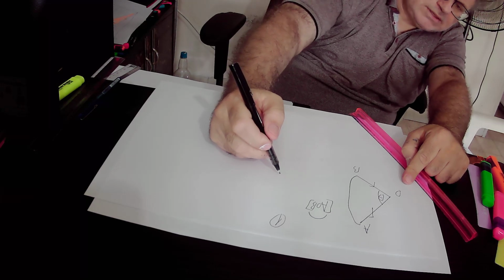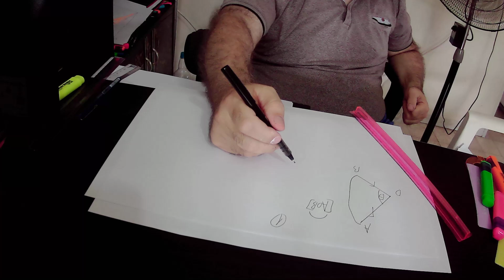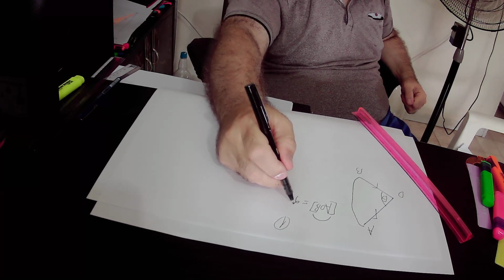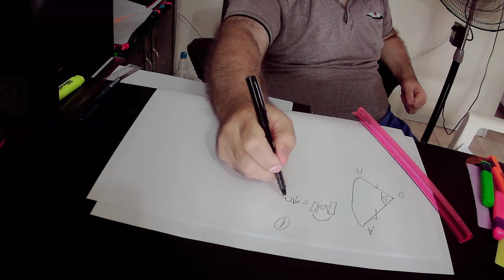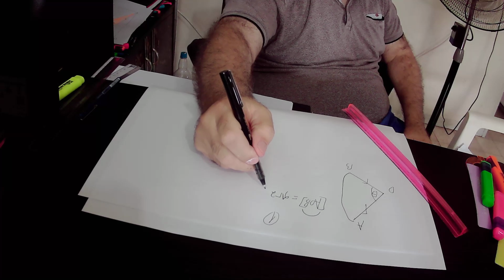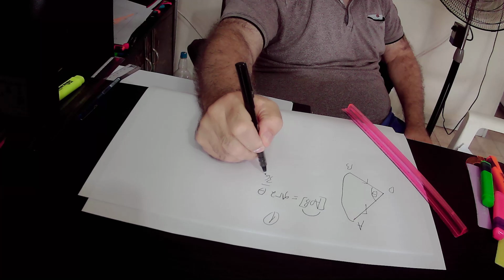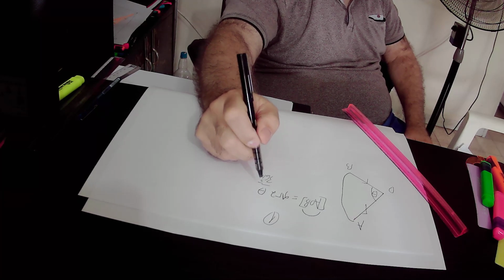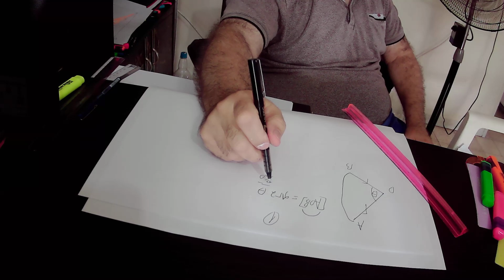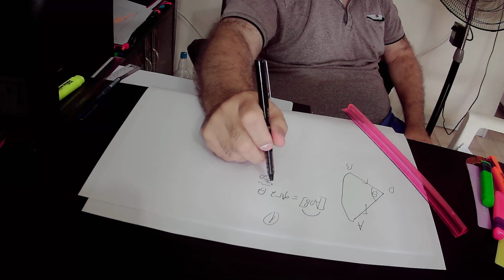So the area of this sector, sector AOB, will be equal to pi r squared, that is the area of the circle that contains the sector, times theta, that is the angle between the legs of the sector, over 360 degrees, that is the angle that the entire circle actually occupies.